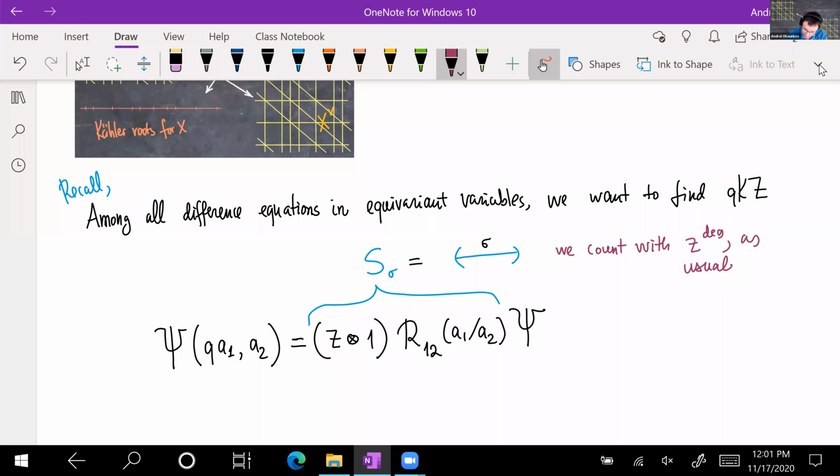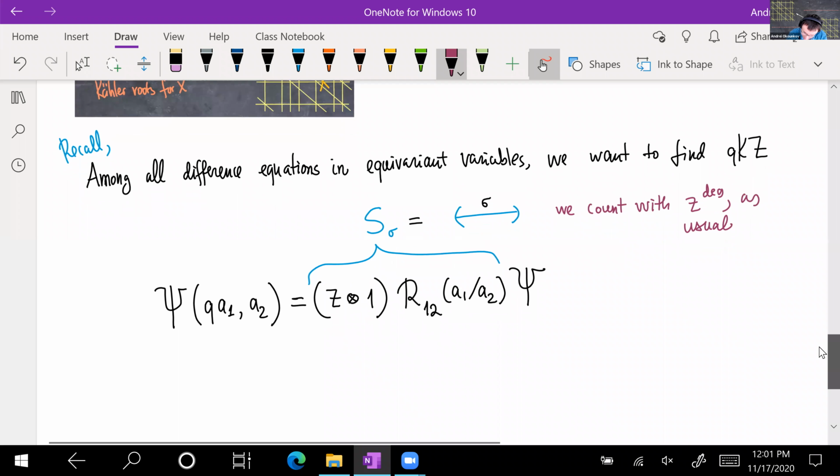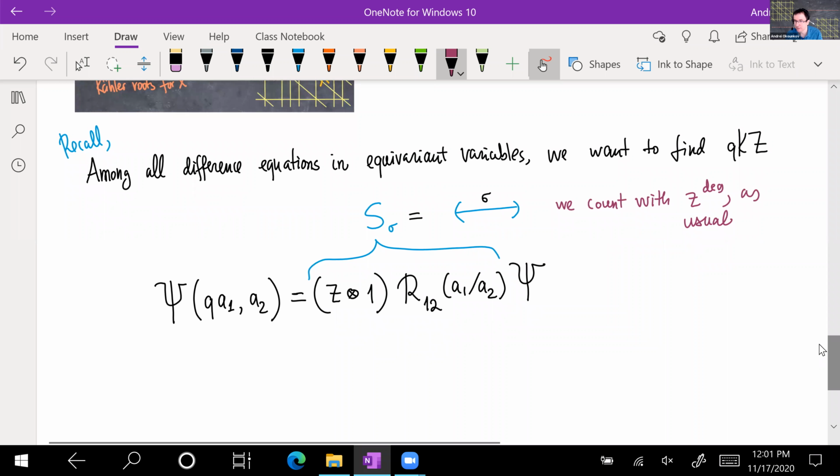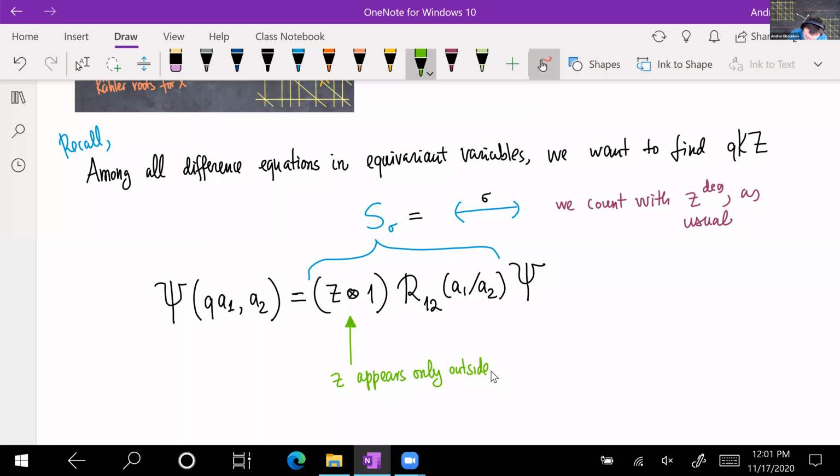And now if we look at this equation, we see very surprising facts. There are, in fact, several surprising facts. One is that z appears only here, as an overall factor, only outside, and as a monomial. So this is very surprising, right?